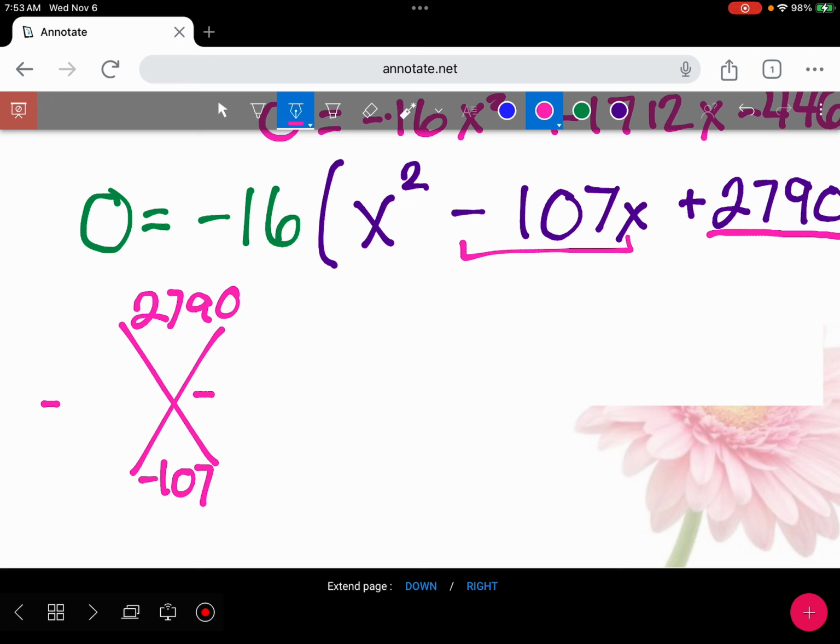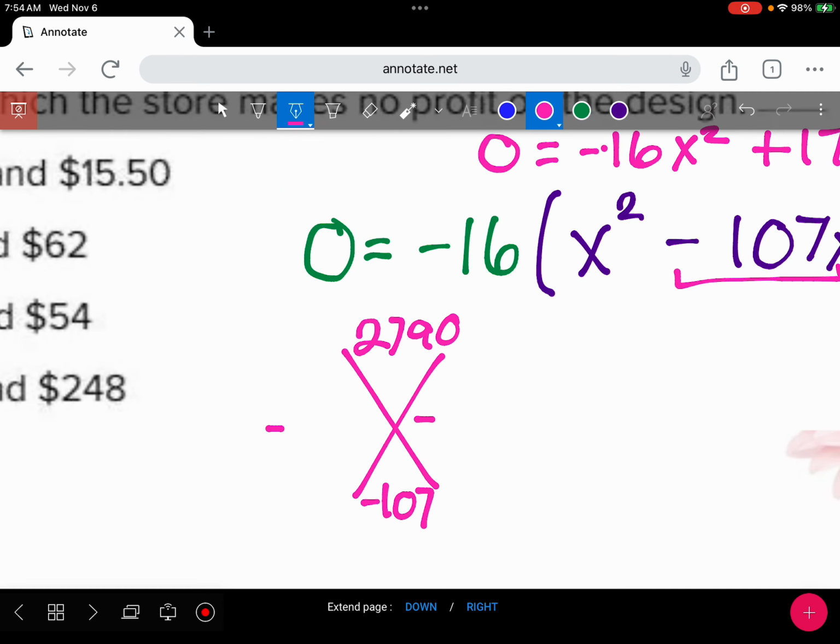Negative 107. What two things? She said 45 and 62. Yeah, I know they're going to be negative, so it doesn't matter if they add to positive 107 or negative 107. What we're looking for is which set of these multiple choice options, using the tools at our disposal, meets the criteria.